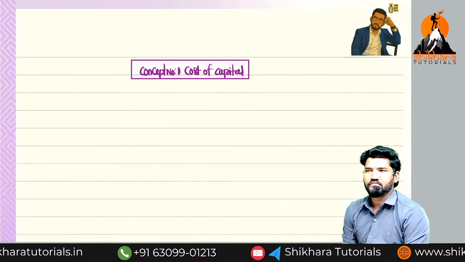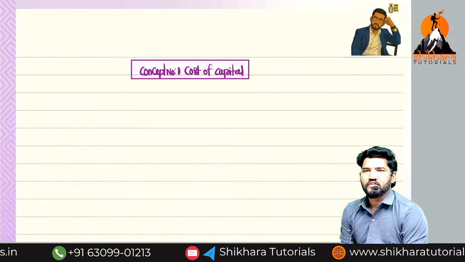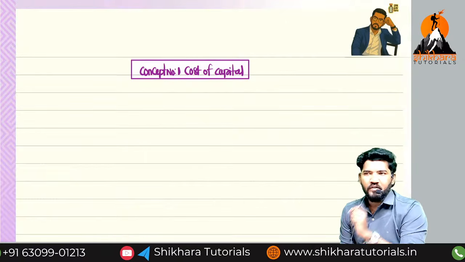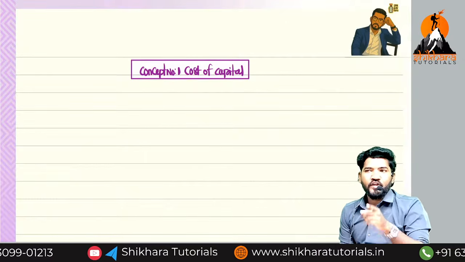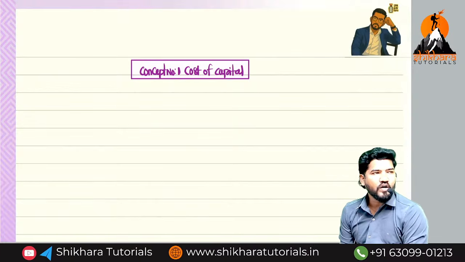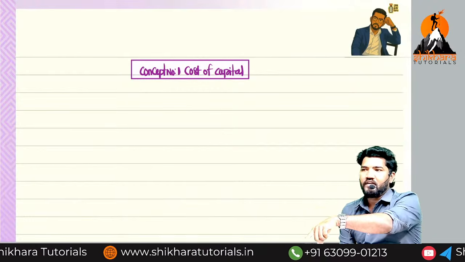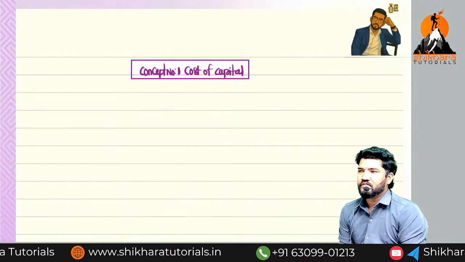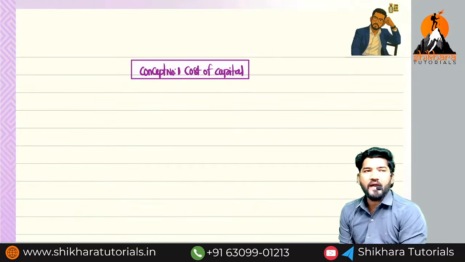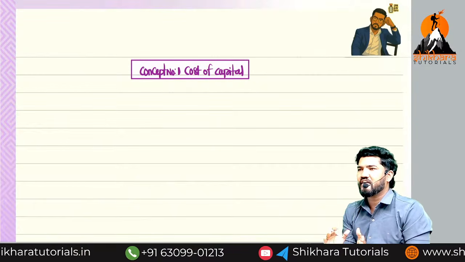Definition. Just 5 minutes back only I said. Is it a minimum rate of return or maximum rate of return? Minimum. The same definition we are using for IRR and ARR. In ARR, it is the maximum accounting rate of return the company needs to earn. When it comes to IRR, it is the maximum rate of return the company needs to earn. There is a difference between ARR and IRR.